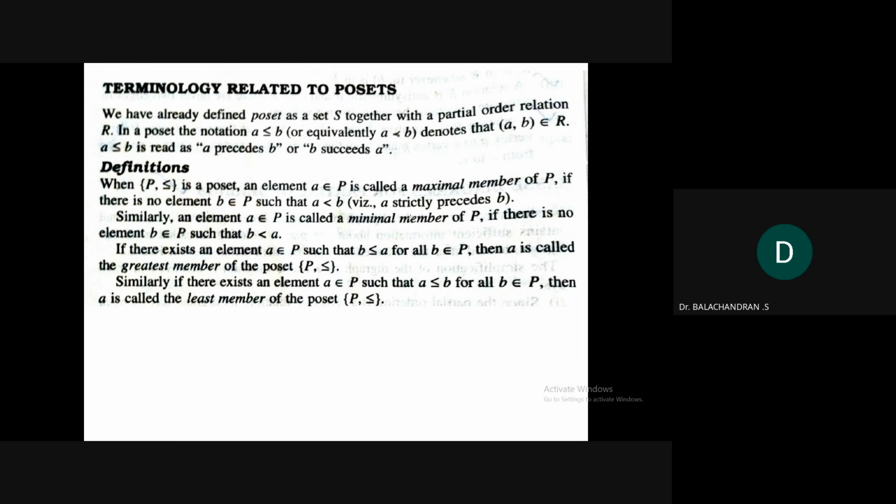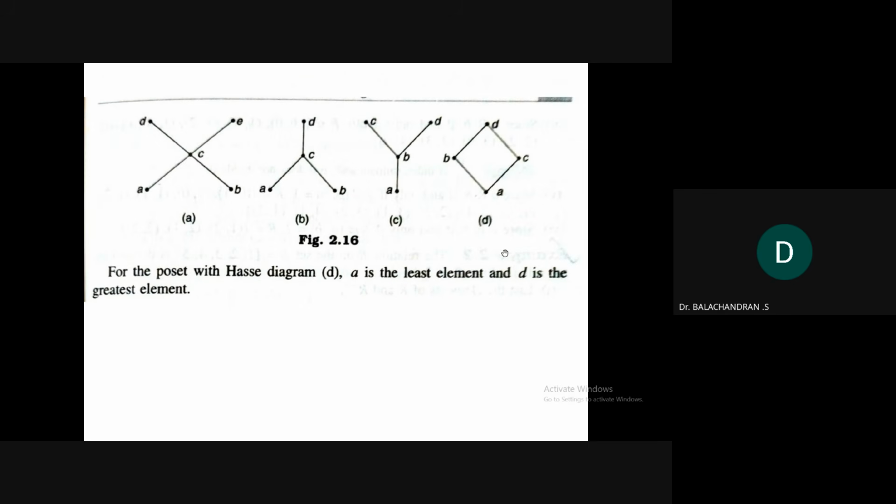Because if you tell the answer, then only I know whether you somewhat understand. Maximal member, minimal member, greatest member, least member. You should remember these four keywords first. So here, what is A?